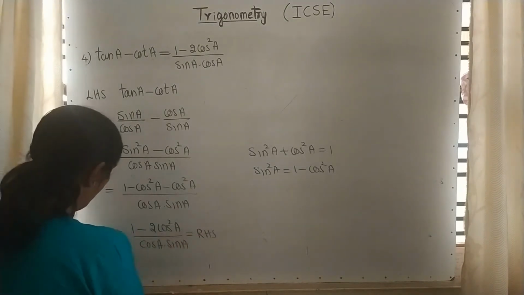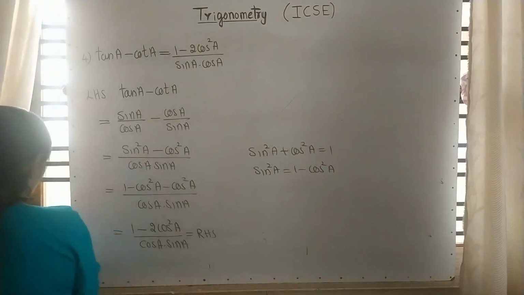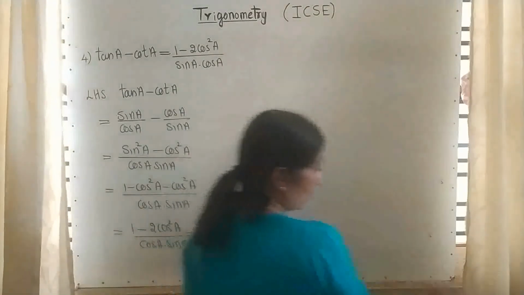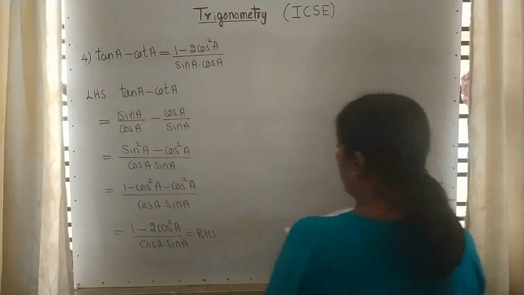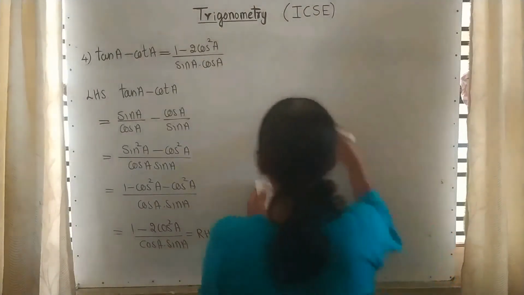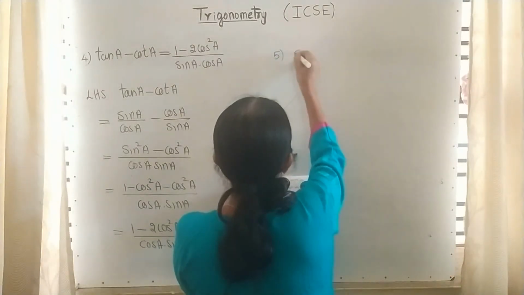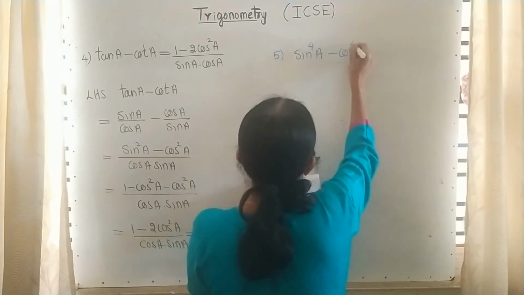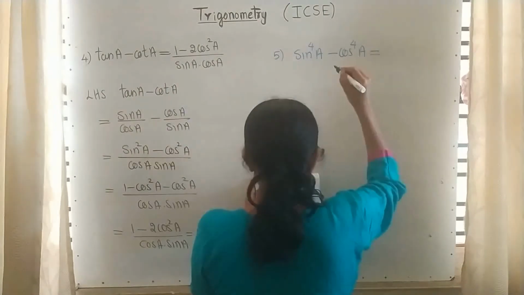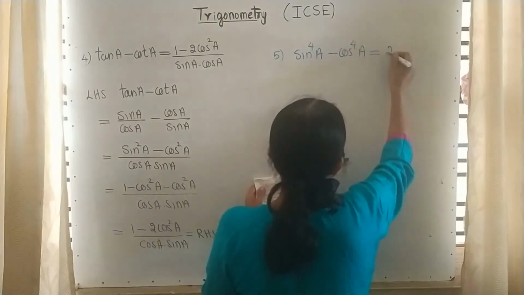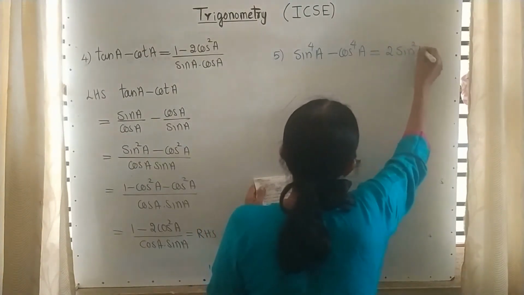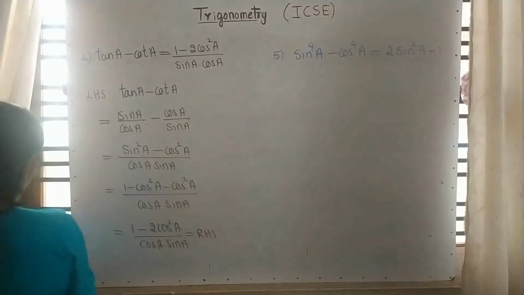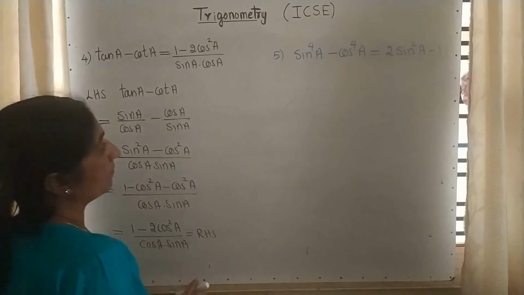See, the sums are very simple if you remember the basic ratios and the identities. Moving to the next question, question number 5. Sin raised to 4A minus cos raised to 4A is 2 sin square A minus 1.